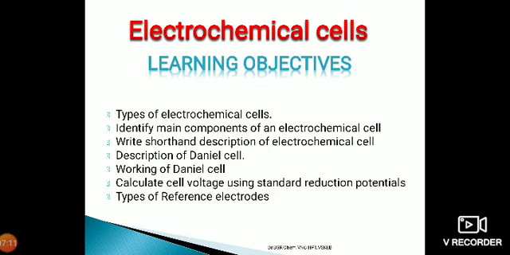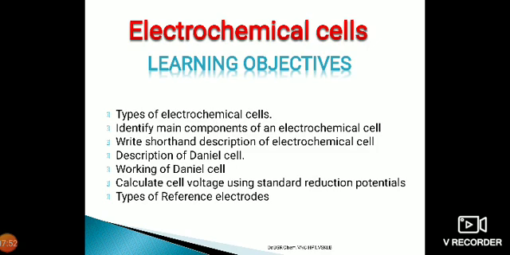And these are the learning objectives for the students while studying this chapter in detail: the types of electrochemical cells, identifying the main components of an electrochemical cell, writing the electrode representation and the cell representation of an electrochemical cell, and description of a Daniell cell, a labelled diagram we are going to study in detail, and working of the Daniell cell, writing down the electrode reactions at anode and cathode, writing down the cell reaction also, and calculating the cell voltage using standard reduction potentials.